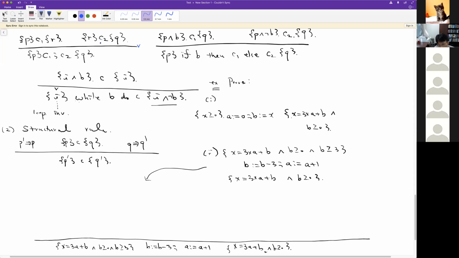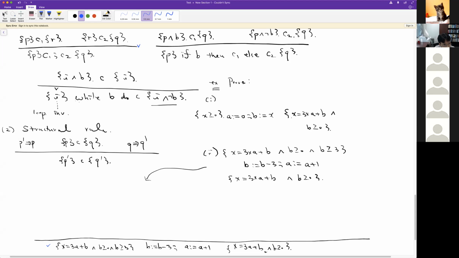Intuitively, because we start with the postcondition Q, we run C2 backward to obtain R. Once we get R, we run C1 backward to obtain something P. Finally, this P may be different from the precondition that we are given here, so we match them together by using the structural rule. So run the program backward, and finally fix the mismatch by using the structural rule.